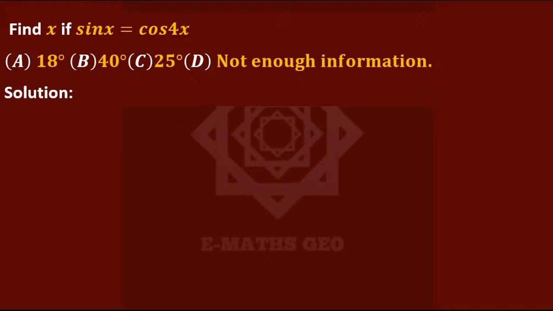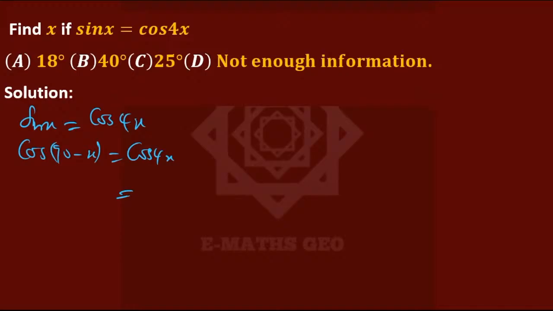So I can convert sine. You know they give us sine x is equal to cos 4x. I can convert sine to cos, which is what? Which is now cos 90 minus x. I did it so that both left and right will have the same function.